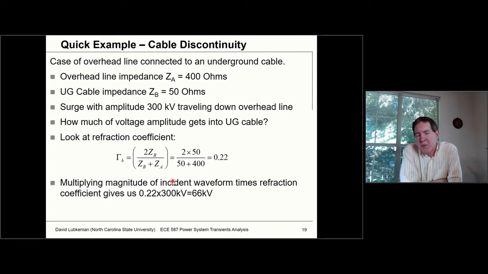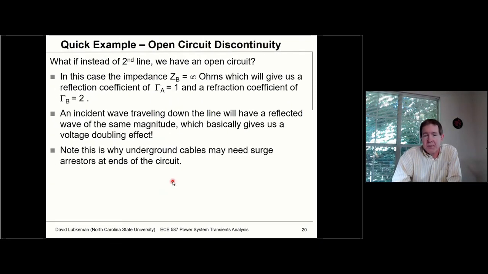What this means is we're going to have 0.22 of that 300 kilovolts, which is 66 kilovolts, continuing down the cable. This is a very practical problem, because if a lightning strike hits overhead and there's a transition between overhead and underground, we're concerned with how much of that surge voltage gets into our cable, which would be more susceptible to overvoltages.